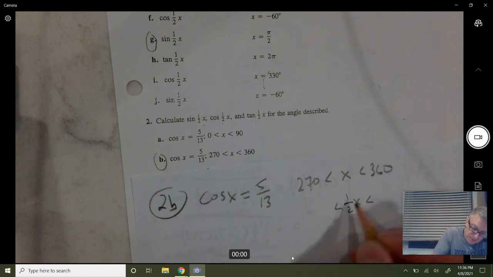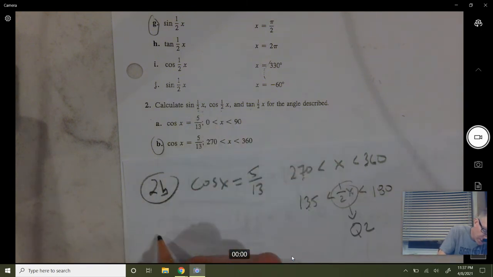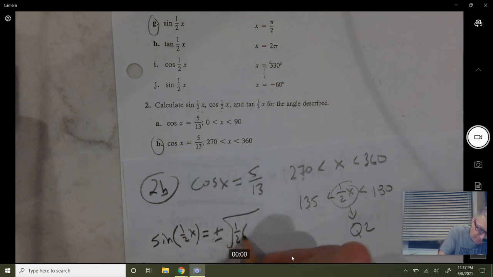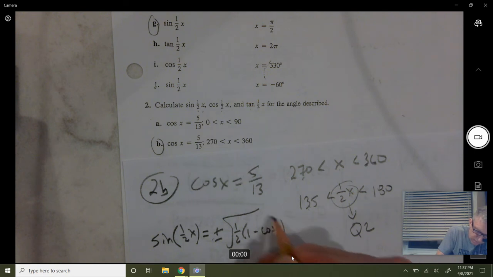Well, 1/2 x is going to be in between half of 270, 135, and half of 360, 180. So we know that 1/2 x, that interval, is quadrant 2. Okay, so if we have to find sine of 1/2 x, which is plus or minus square root of 1/2 times 1 minus cosine x, that's just from your formula sheet.